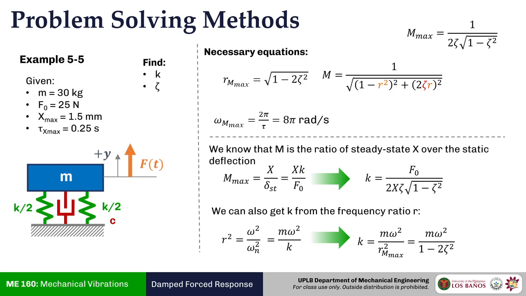So, ito, if you equate these two equations, medyo masinsinan na pag-transpose ng mga variables. So, at this point, mag-iingat kayo sa pag-transpose. Be mindful kung ano nangyayari sa denominators ng either side.